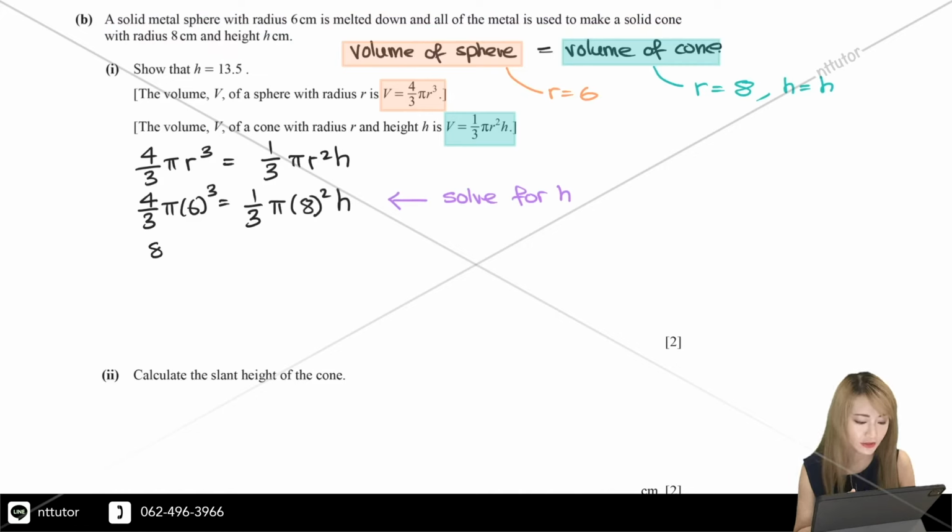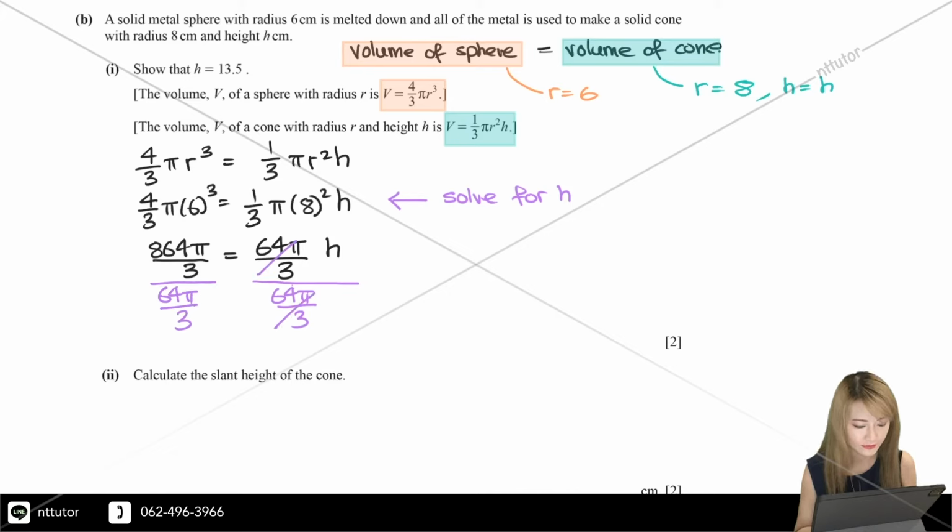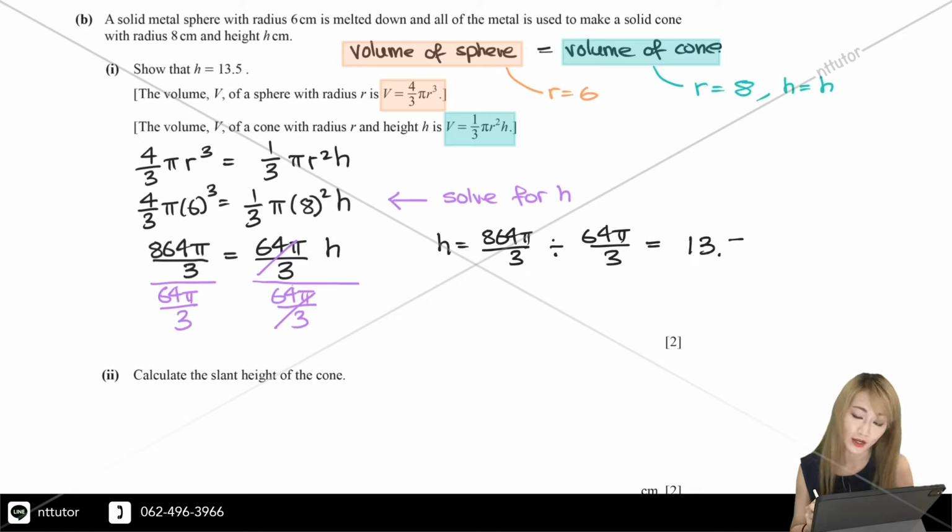We have everything else in terms of numbers. So we can solve for h by dividing both sides by 64 pi over 3. So if you do that, h equals 864 pi over 3 divided by 64 pi over 3, and that is equal to 13.5. So that's correct.